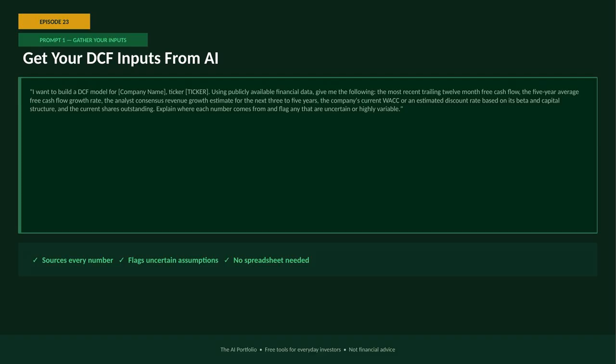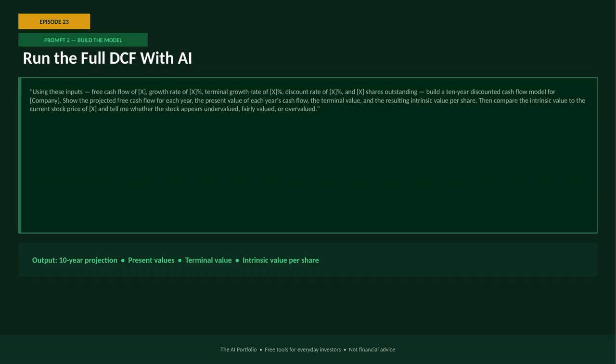Prompt 2 builds the actual model. Using these inputs, free cash flow of X, growth rate of X%, terminal growth rate of X%, discount rate of X%, and X shares outstanding. Build a 10-year discounted cash flow model for company.